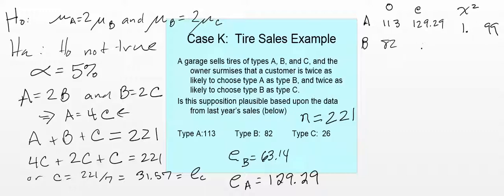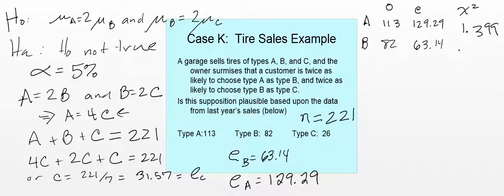For category B, I had an observed number of 82, an expected number of 63.14, which, oops, I lost a digit here. And that led to a chi-squared value for category B that's pretty big. There's a significant difference between those.